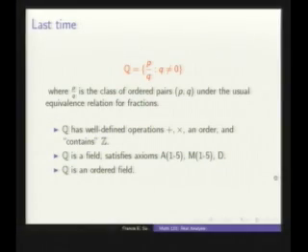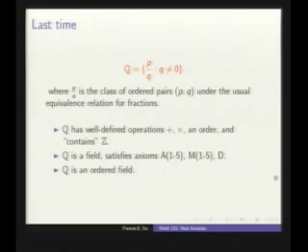And we saw that, in fact, the rationals not only have an order and are a field, but they're an ordered field, which, in addition to those two things, means what? That the order and the field operations need to play nice with each other, right?